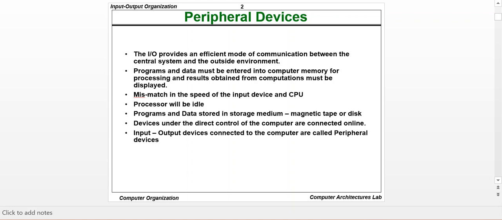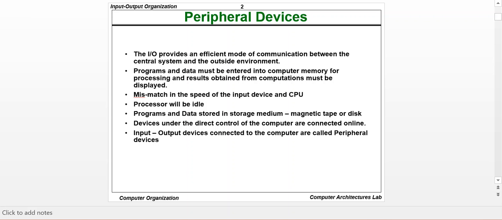Because of this mismatch in the speed of the input device and the CPU, whenever the CPU is requesting some input from an input device, until the whole input is given, the processor cannot do any other job and has to be idle.